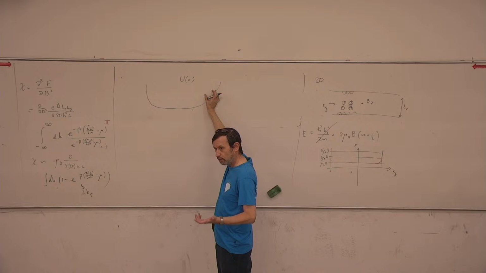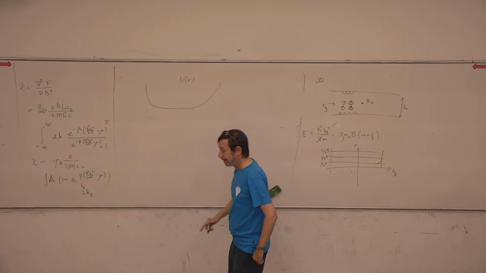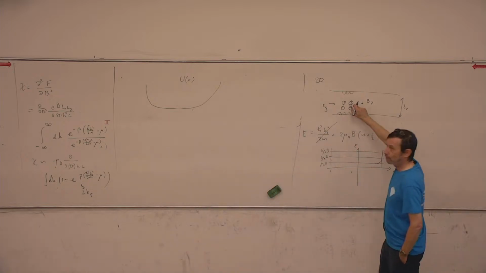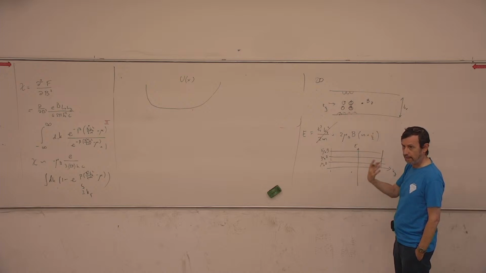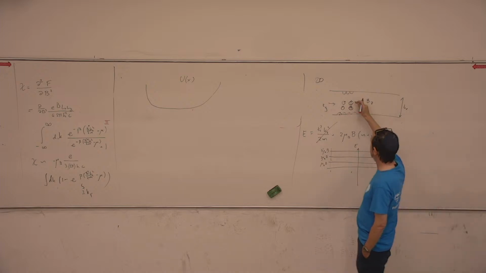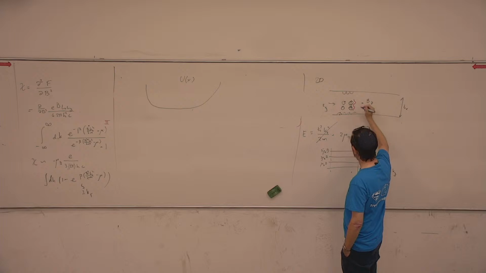Because what's the solution of a harmonic oscillator? It falls off exponentially. Right. So if you want to translate this picture to quantum mechanics, to a wave function, if I plot psi squared, I'll have states that behave like this.